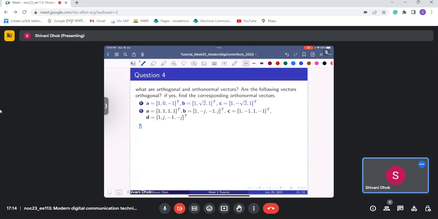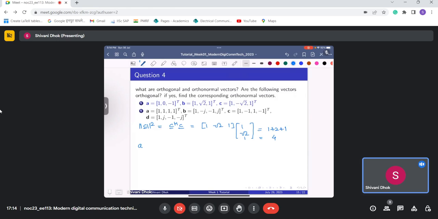Similarly, norm c square is c Hermitian c, which is 1 minus root 2 1 into 1 minus root 2 1, equal to 1 plus 2 plus 1, which is 4.